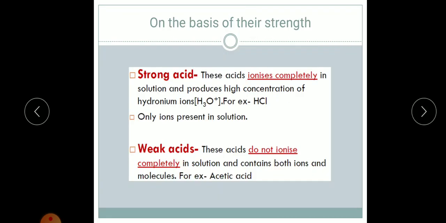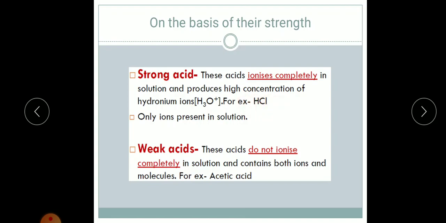Next, acids can be classified into two types: strong acid and weak acid. A strong acid ionizes completely in solution and produces a high concentration of hydronium ion. So the acids which dissociate easily, giving a high concentration of H plus ions, we call strong acids.